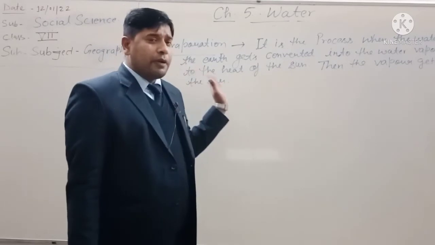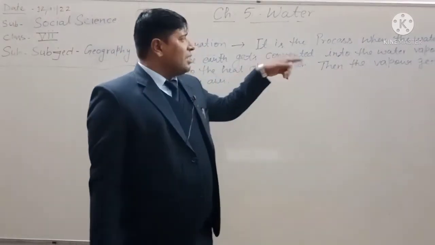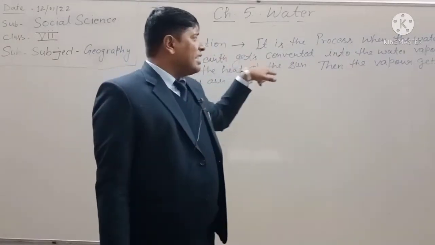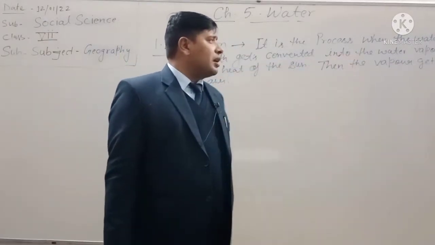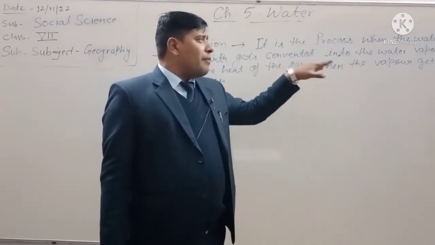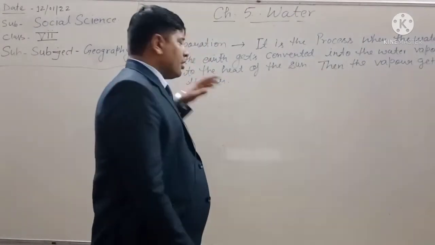What is the definition of evaporation, students? It is the process when the water from the earth gets converted into water vapor due to the heat of the sun, then the vapor gets into the air.